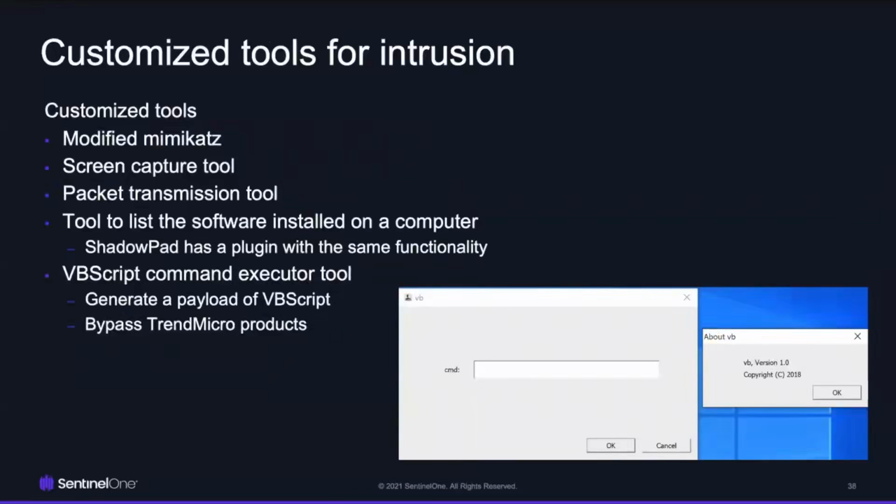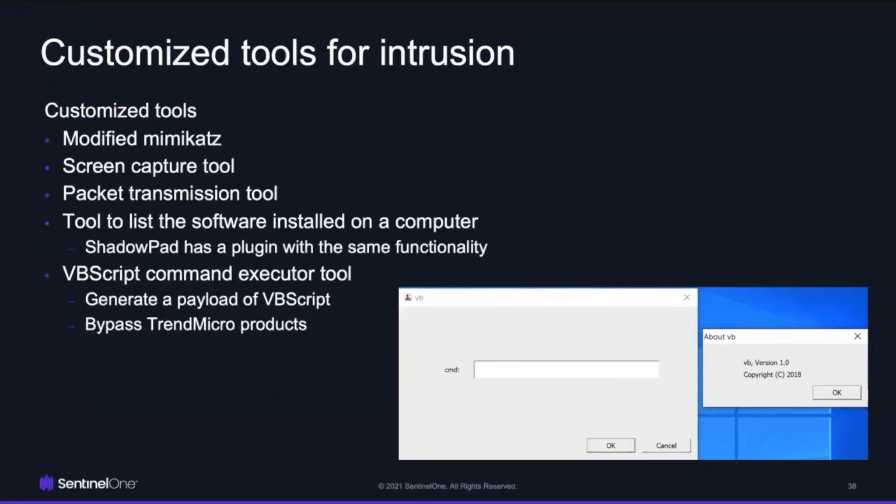Because they still have the ability to develop the tools by themselves. Although they turned from self-developed backdoors to purchased or leaked backdoors, they still develop some customized tools for intrusion, such as a modified Mimikatz, a screen capture tool, a packet transmission tool, a tool to list all the software installed on the computer, and a VBScript command executor tool.